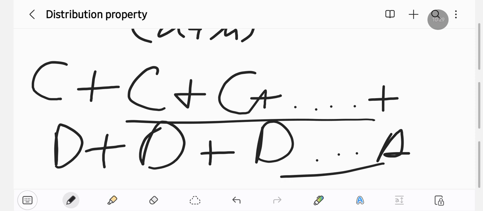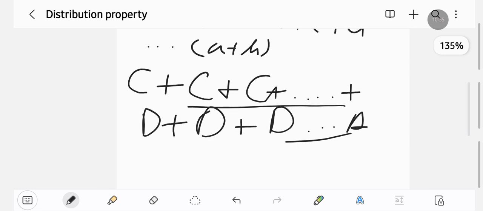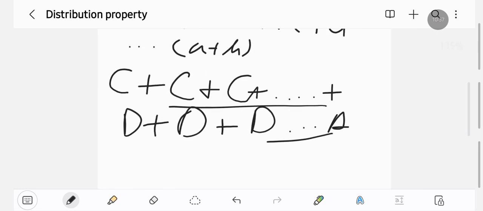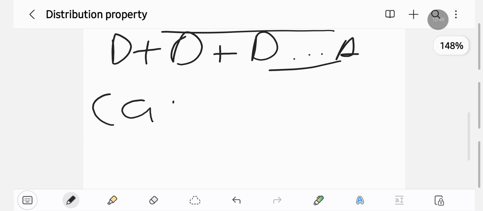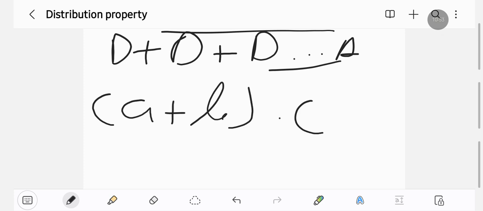Now, we don't know how much finite value c is and how much finite value d is, so plus d as many times. Now, we know if a plus b is a finite value, then it has a finish. If the finish is, suppose, 3, then it would be 3c, because c was added 3 times. Now, c was added a plus b times, so we can write it as a plus b times c, because c was repeatedly added a plus b times if we grouped it.